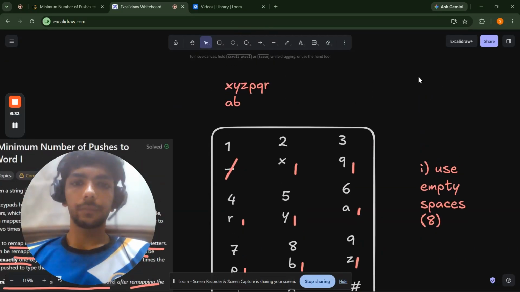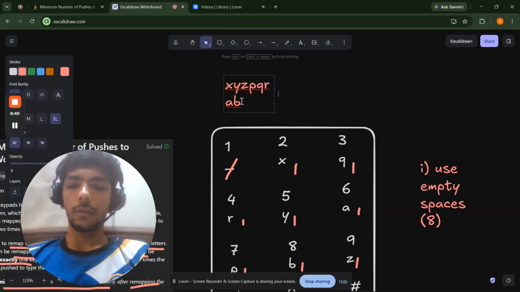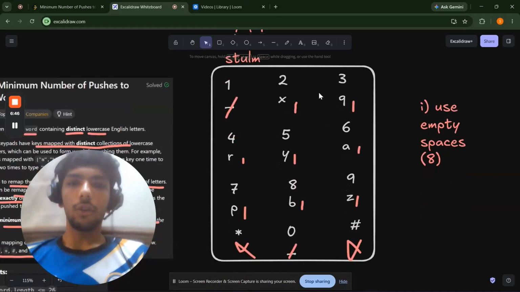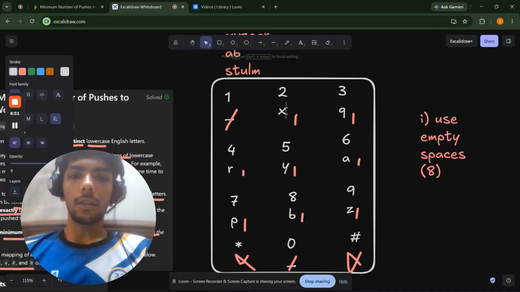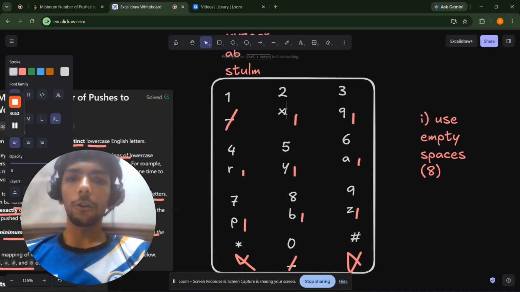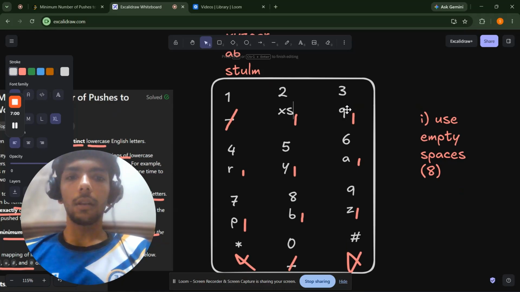Okay. Now suppose I have a few more characters like S T U L M. Okay. Now what do we do? Now all the empty spaces are filled. So what I will do is start filling the occupied keys, here S. So I should put T over the next one here, because if I put T over here, this T will require 3 pushes.